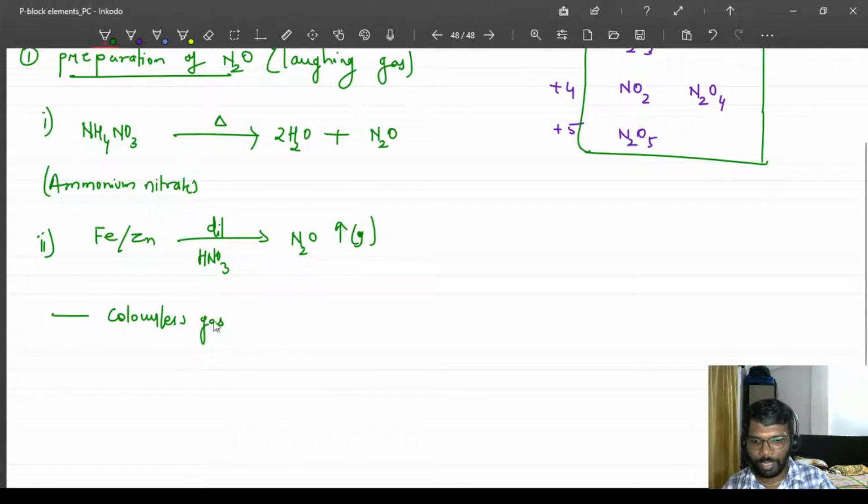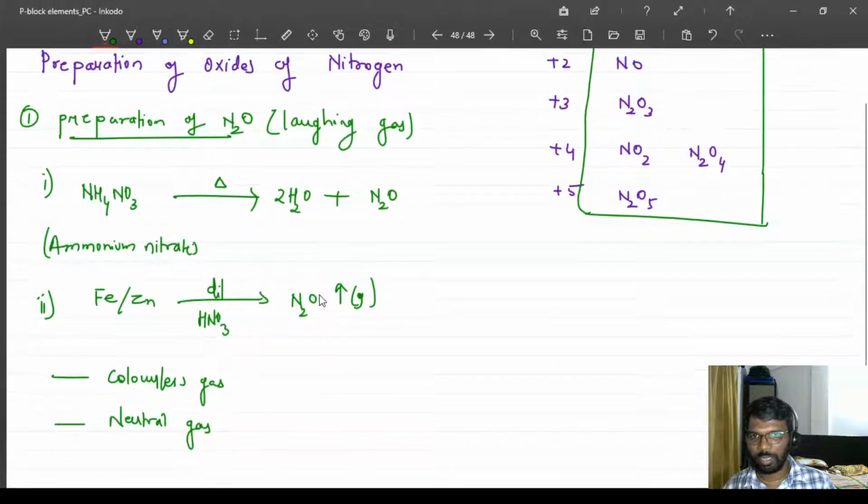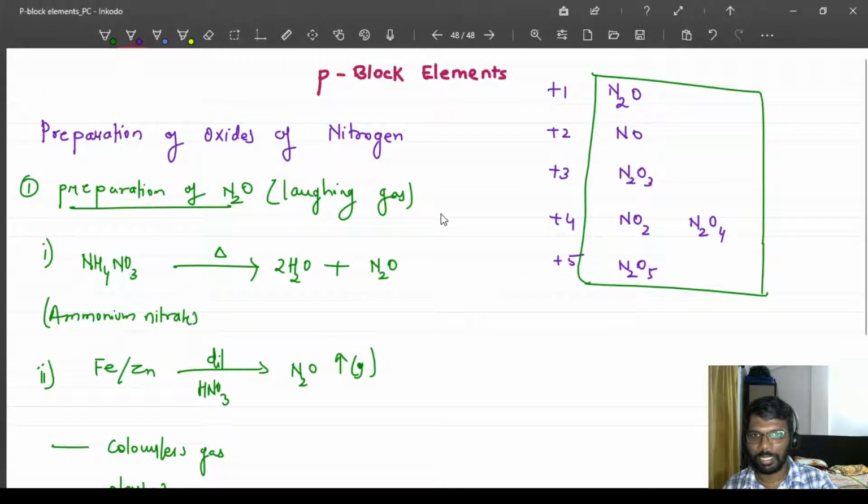It doesn't have any color. It is a neutral gas. It is not acidic nor basic. I forgot to mention, this is also called nitrous oxide. These are the things about this reaction.